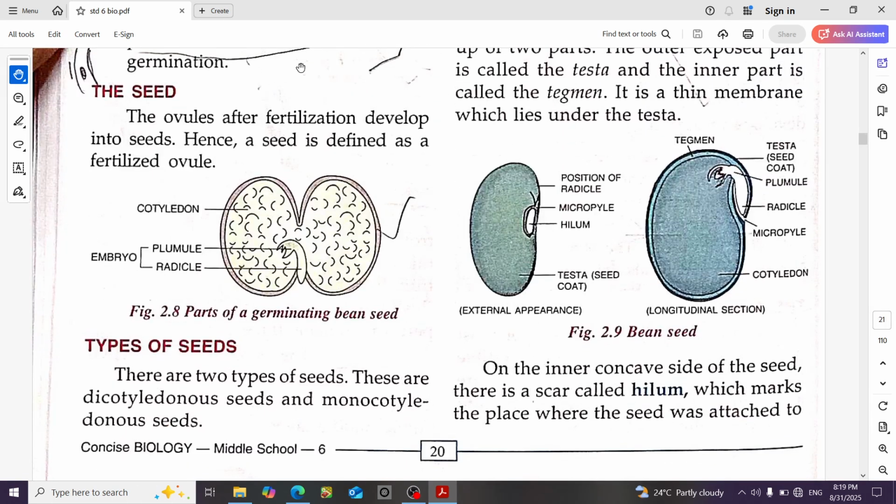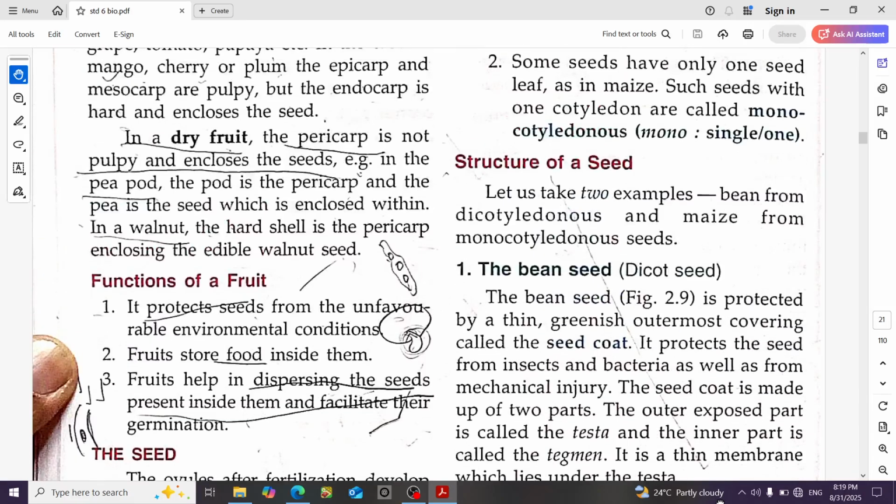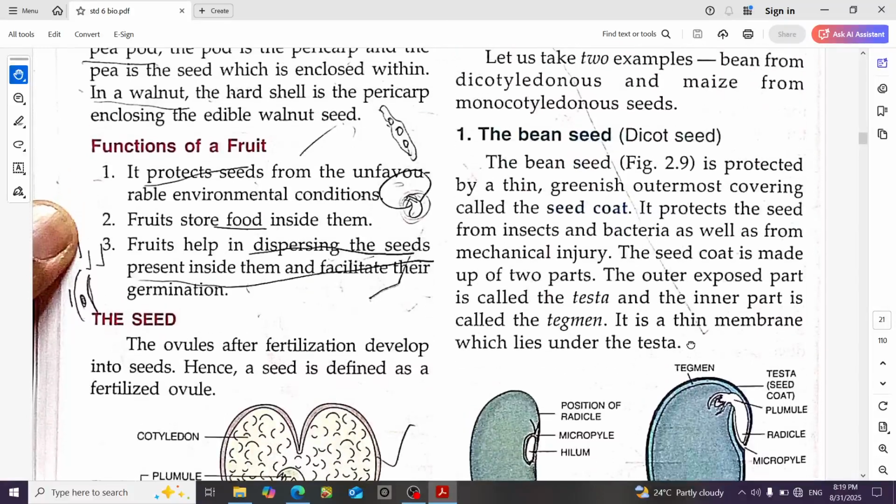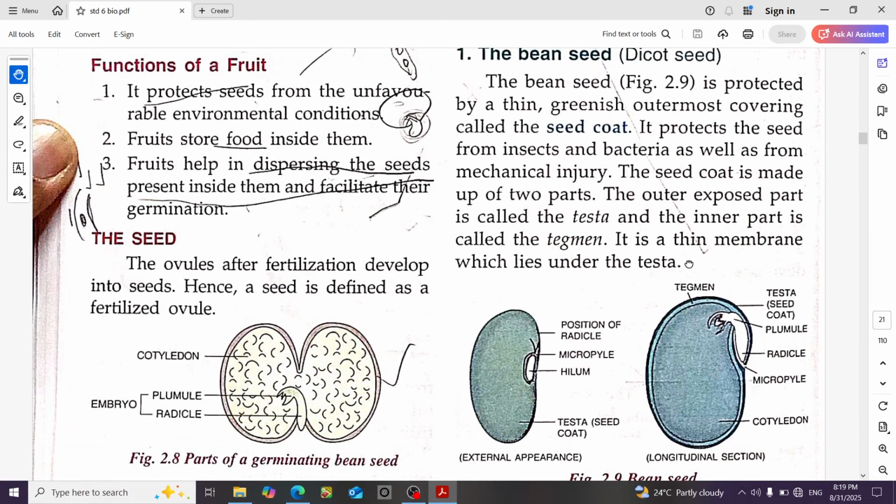If you look inside the seed, here they have shown us cotyledons are there, radicle and plumule. That's the growing plant. In future, it is going to grow through this seed. So two types are there, monocot and dicot. So if you look at the structure, bean seed, it is a dicot.